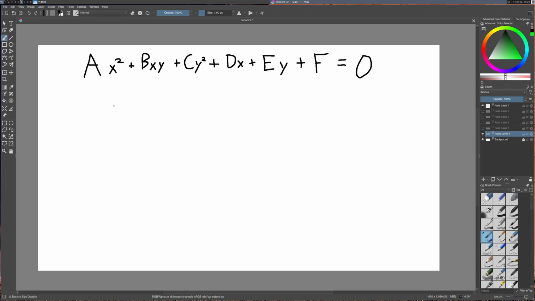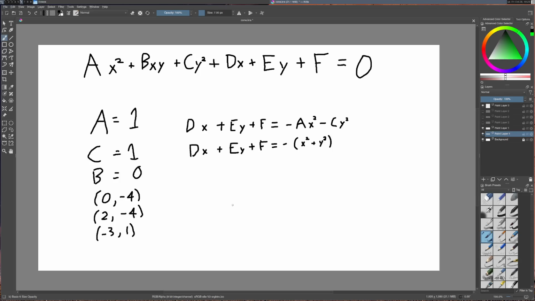So I'm going to give a quick example with a circle. Now, in this case, b will equal 0, so we don't have to worry about the complexity that xy brings. A equals 1 and c equals 1, so we have a circle, and these are our points.